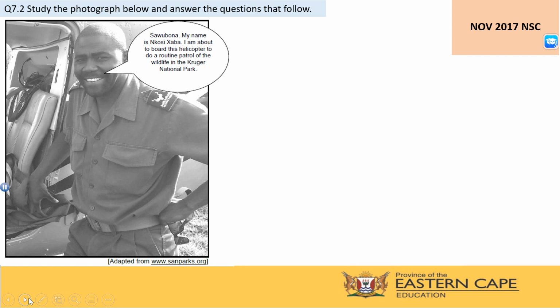Now let me read the question for you, study the photograph below, and answer the questions that follow. The speech bubble I'm reading for you. Sawubona, my name is Nkosi Xaba. I'm about to board this helicopter to do a routine patrol of the wildlife in the Kruger National Park.